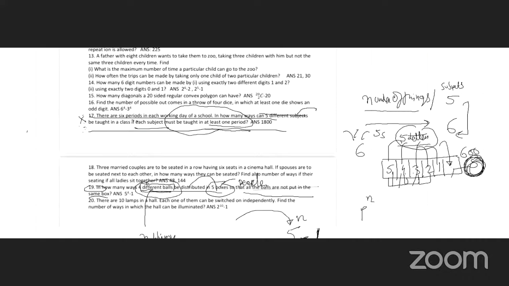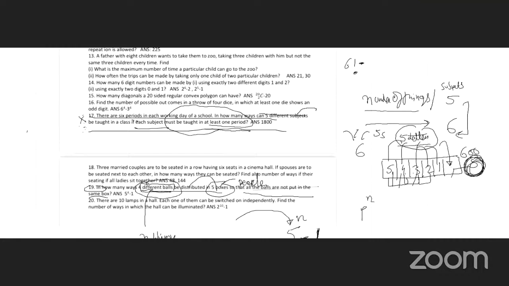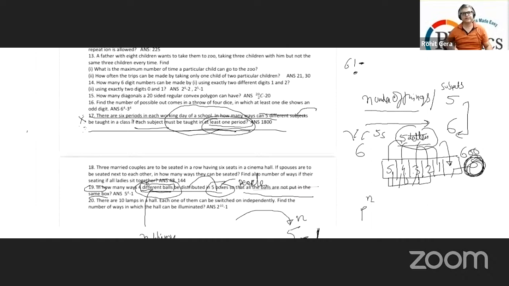If I have 6 factorial minus, so no subject is repeated. ये जो है ना, एटलीस्ट 1 पीरियड होना चाहिए. मैंने तो I've met this condition.